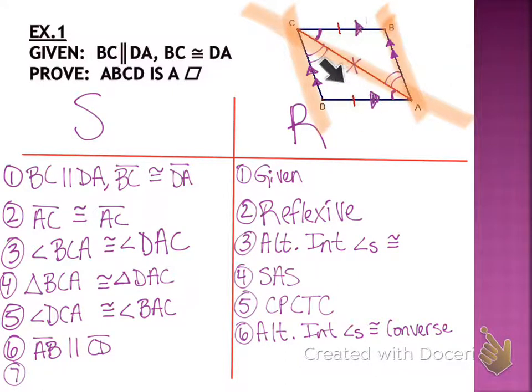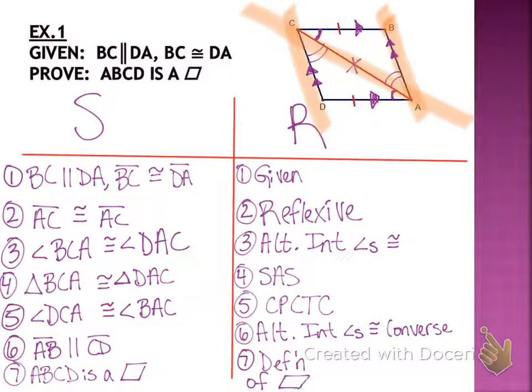They gave us one, we just showed another one. So now we can say that ABCD is a parallelogram. Anybody think they know what the reason would be? Definition of a parallelogram.